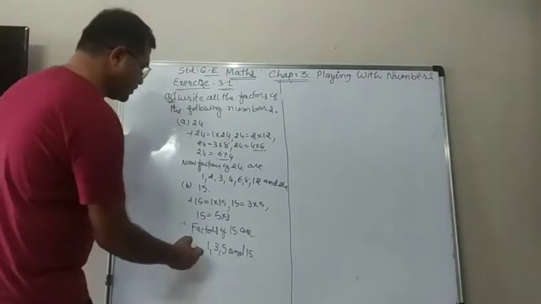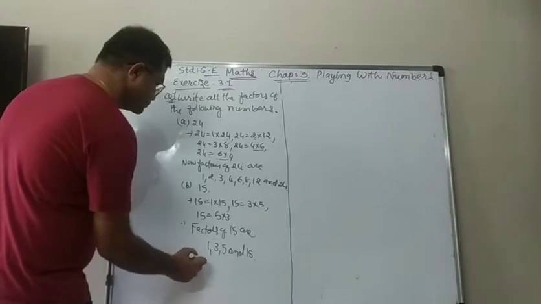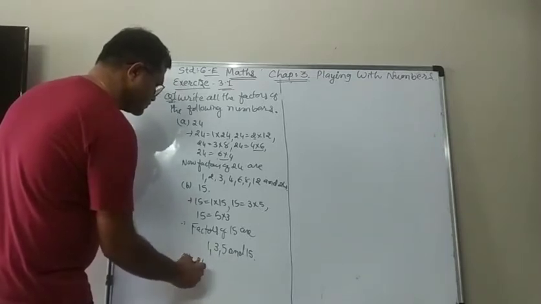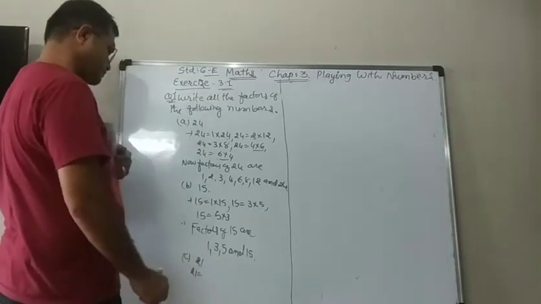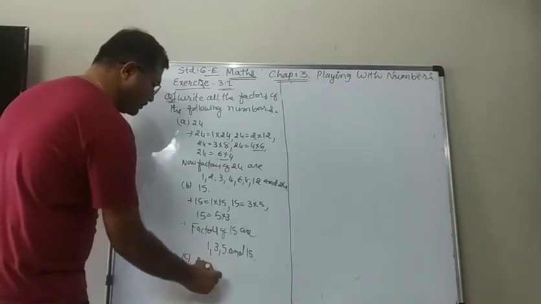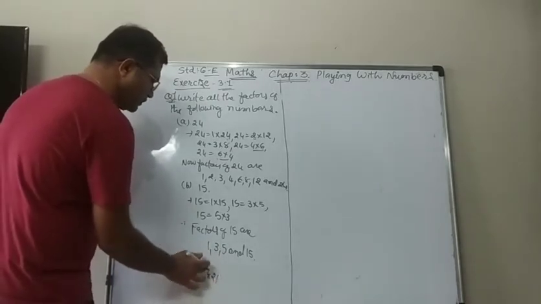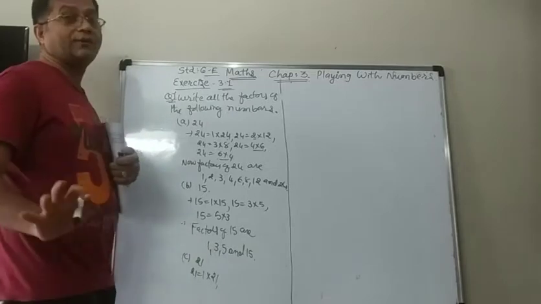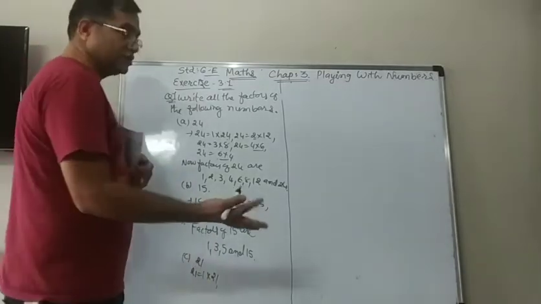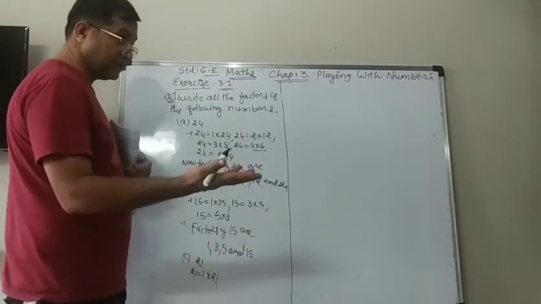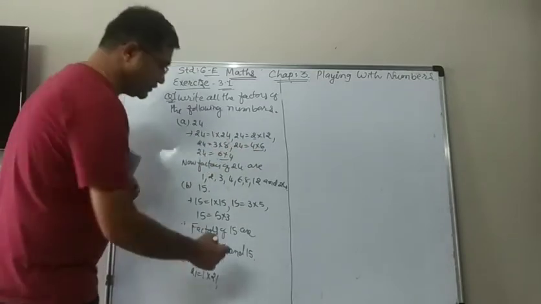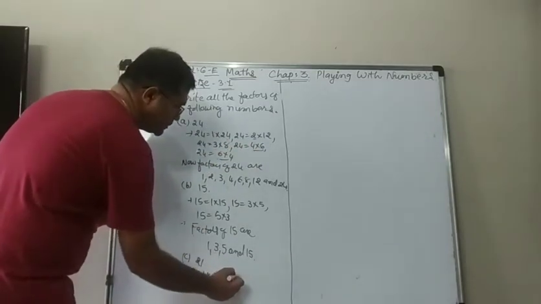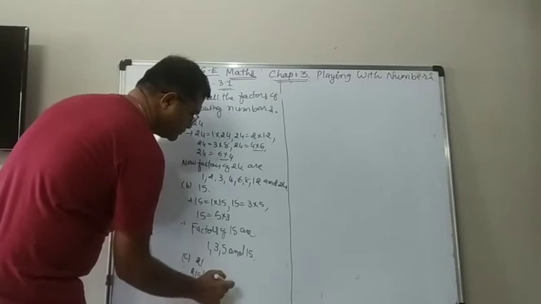Number C is 21. So 21 is equal to, first 1 multiplied by 21 must be there, because we know that 1 is a factor of all the numbers. It is not divisible by 2. 3 7s are 21, so we will write down 3 multiplied by 7.